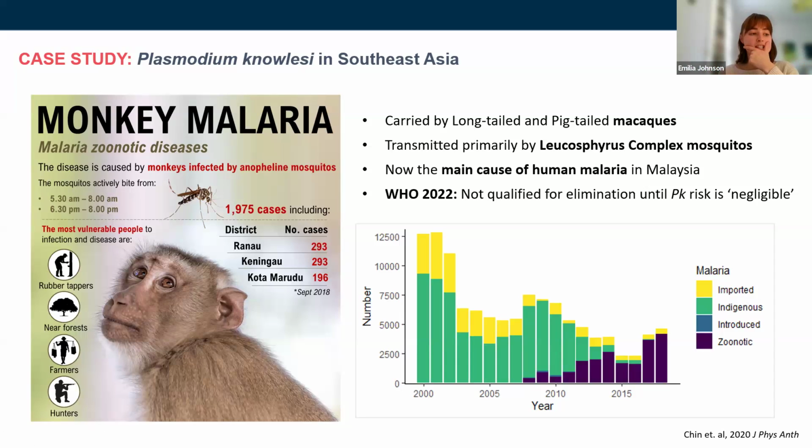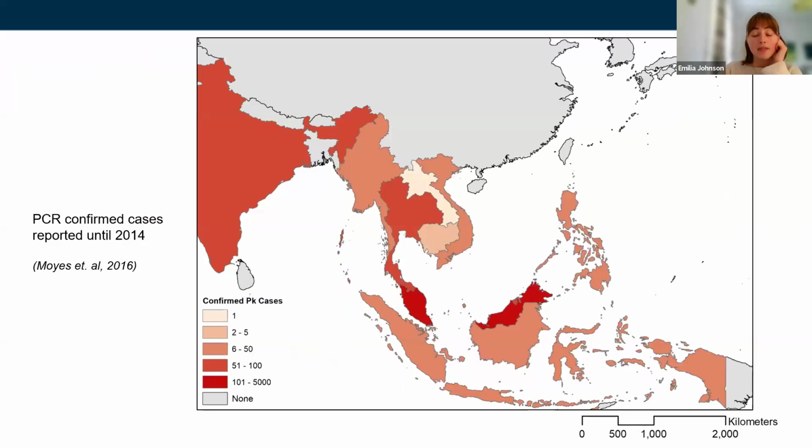And since human knowlesi infections are a result of spillover events from ecosystems into human populations, we need a more comprehensive understanding of transmission dynamics at these interfaces. This is again what we saw earlier: on a very broad scale, with PCR testing of knowlesi cases, you can see hotspots in Malaysian Borneo as well as Thailand.